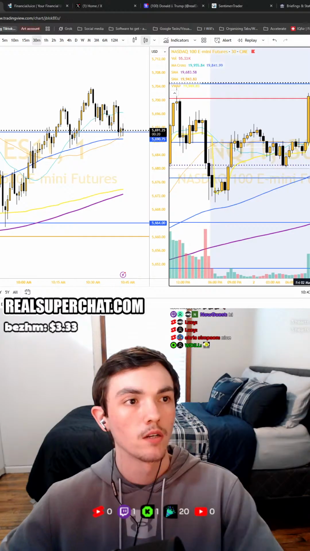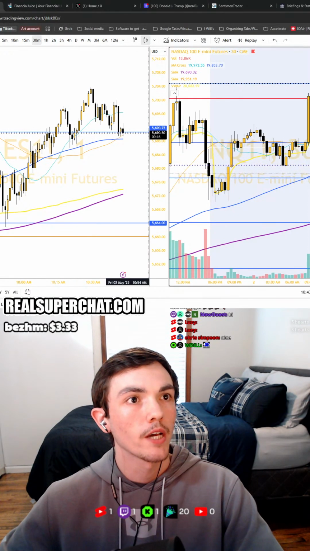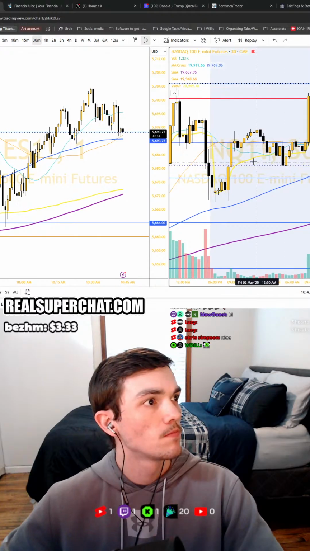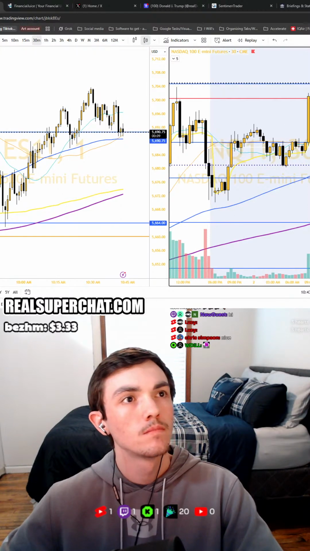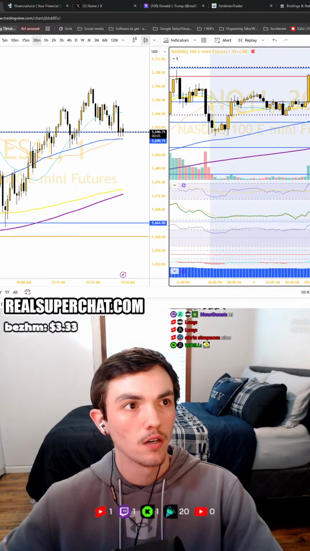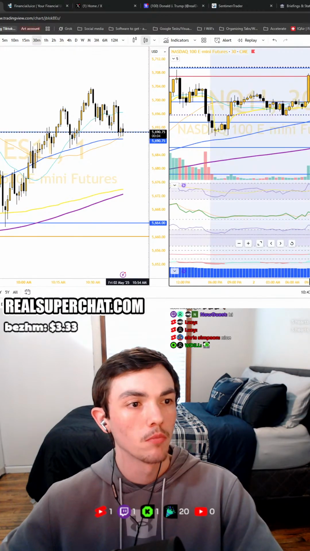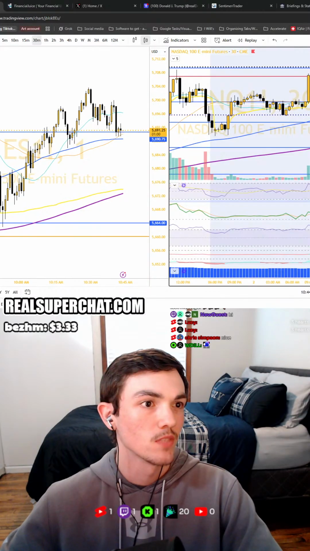Purple line is yesterday's close, so it's gapped up 300 points. Got your RSI on the NQ 30-minute, so overextended. RSI, not really overextended.